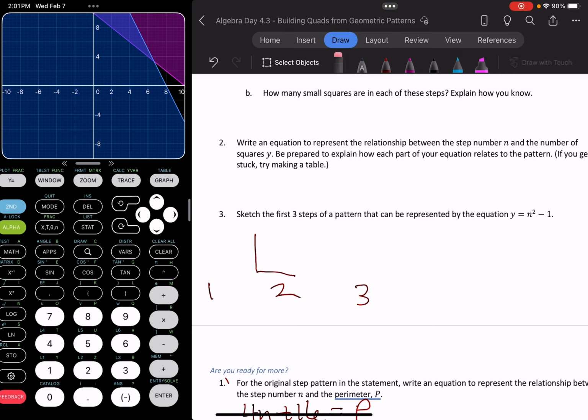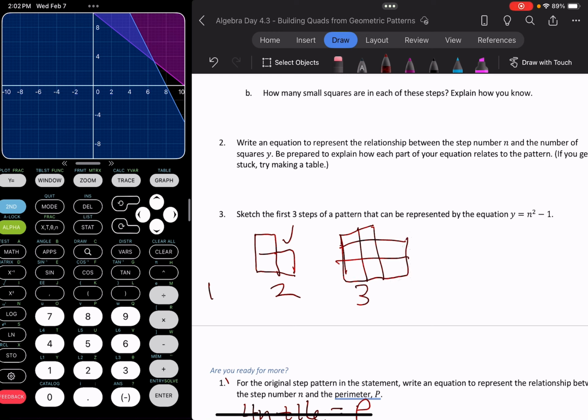So you would end up not having any squares there. But for number 2, 2 times 2 is 4. But then minus that 1 would leave an empty space here. Okay? So 3 by 3 would be an empty space up here in the, I guess I can't do that.